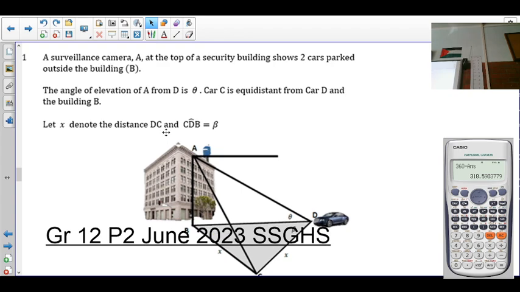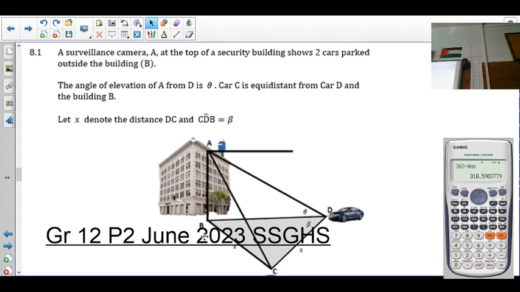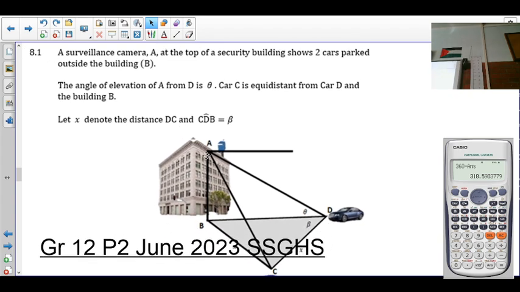Let's go to the next one. A 3D problem here. A surveillance camera A atop of a security building B shows 2 cars parked outside the building. The angle of elevation of A from D is theta, which is this angle here.